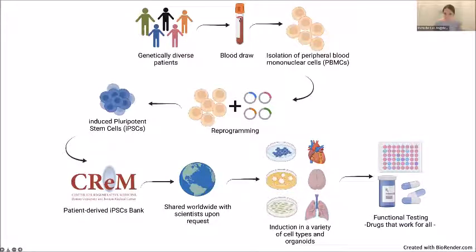From that blood, we're going to isolate what we call peripheral blood mononuclear cells, or PBMCs, and those cells are already differentiated cells from that specific patient that have all the genomic background of that patient, and we have the ability to put those cells through a process that is called reprogramming.